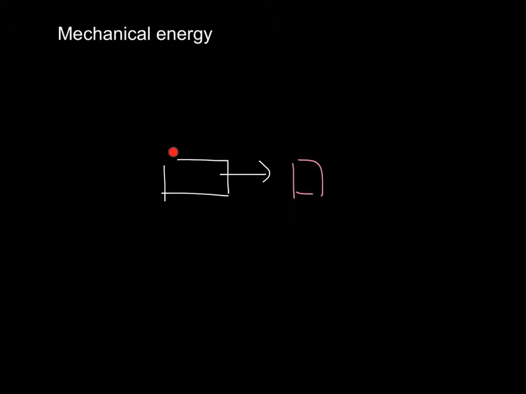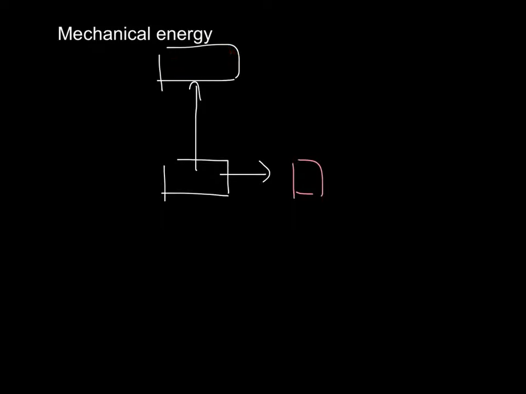However, there are other ways of doing work. For example, if things are high up, they can also do work. So imagine that I have this same box now, but instead of pushing it this way, I pull it up. Now my box is here. My box is not moving now, so it doesn't have the kind of energy related to movement, but it has some other energy.